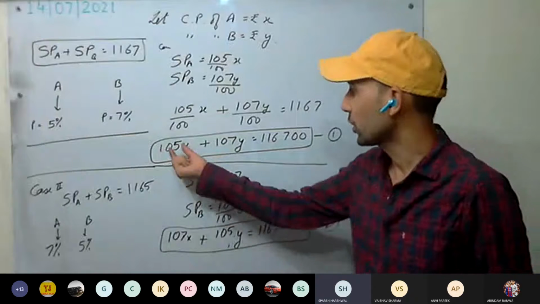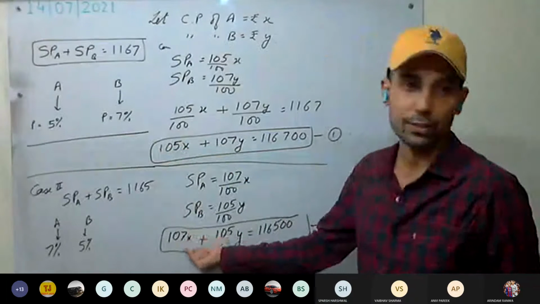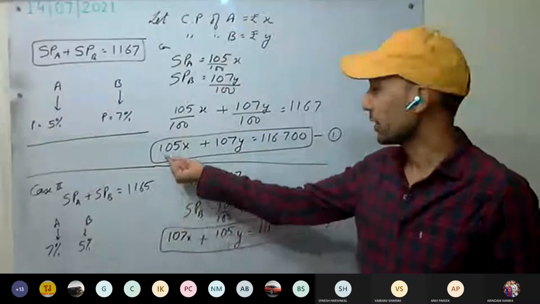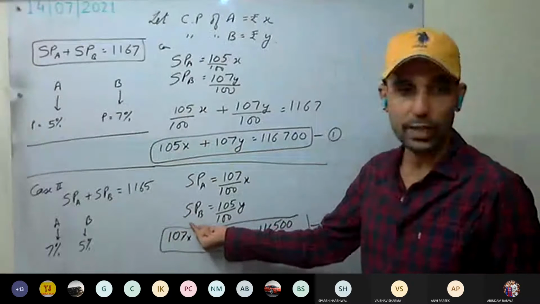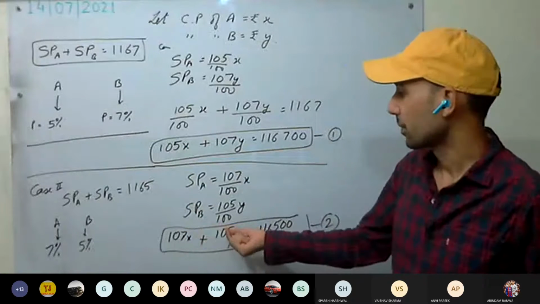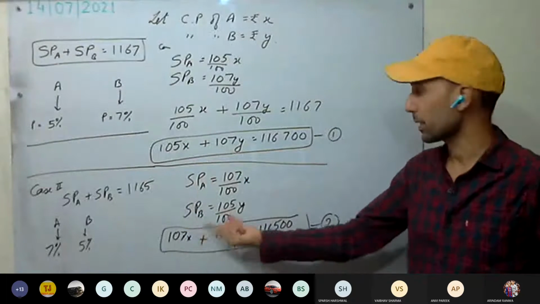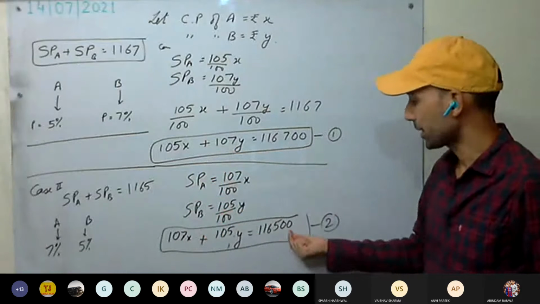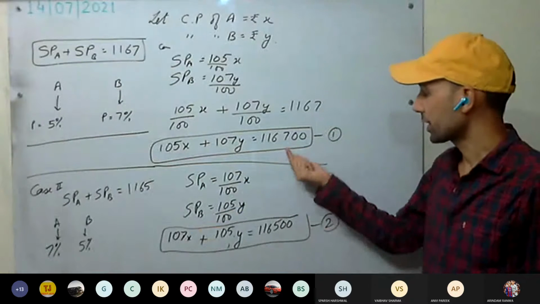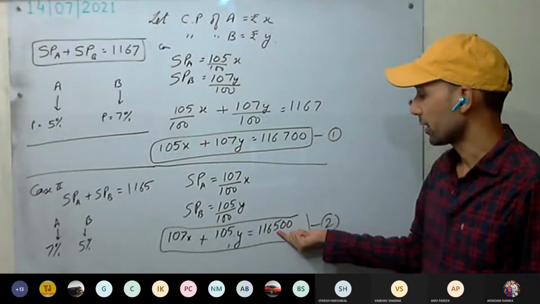So 105 square minus 107 square it will be. There is no common factor, so you have to multiply them and subtract. Similarly here, this minus this. Here you can take 100 common. That's up to you. And 1167 minus 1165.